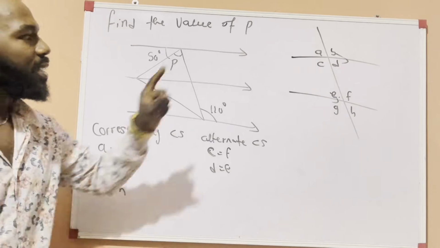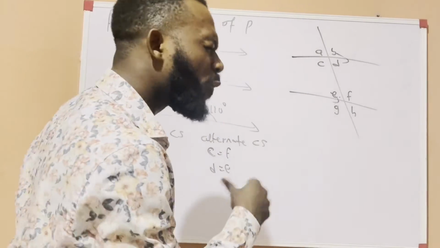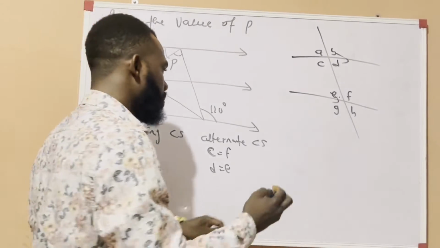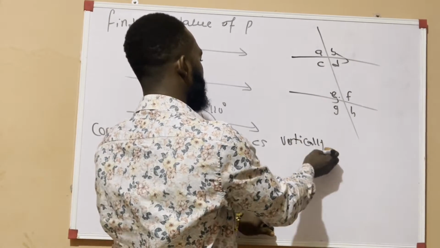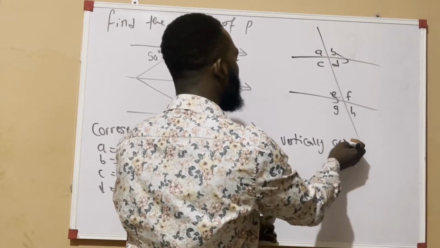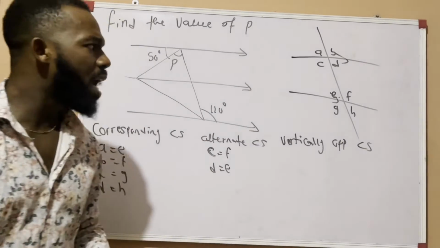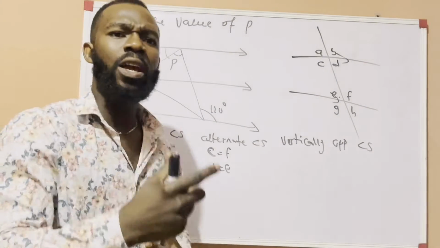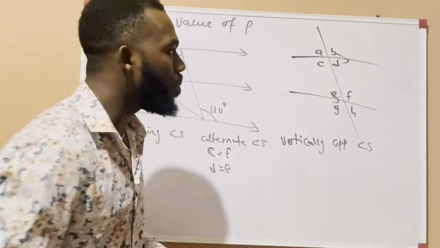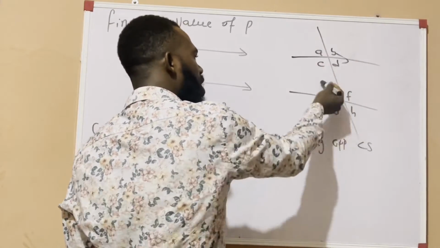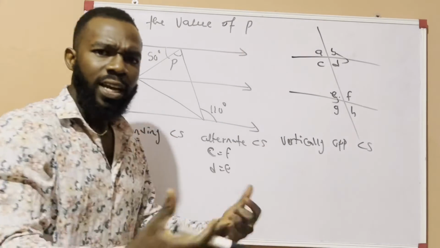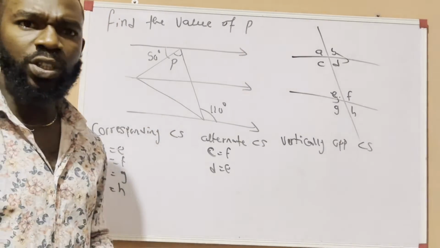Now, the next angle here that is formed is called vertically opposite angles. Vertically opposite what? Angles. When you say angles are vertically opposite each other, what do you mean? A good example is A and D, B and C, E and H, F and G. These are angles that are vertically opposite each other.